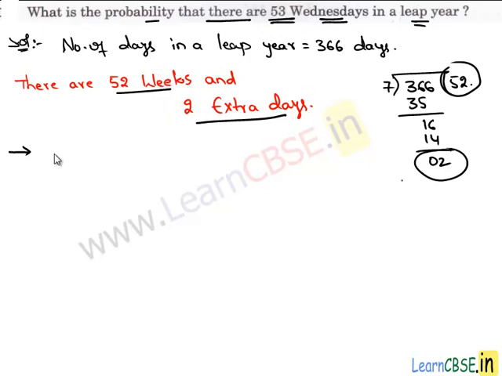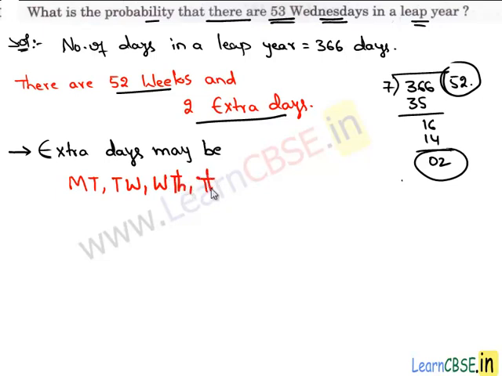The 2 extra days may be either Monday, Tuesday or Tuesday, Wednesday or Wednesday, Thursday or Thursday, Friday or Friday, Saturday or Saturday, Sunday or Sunday, Monday. So totally we have 7 possible outcomes for the extra 2 days.